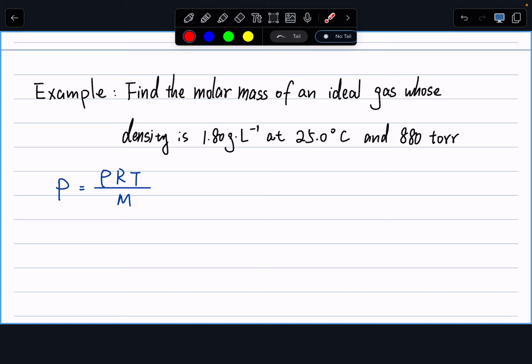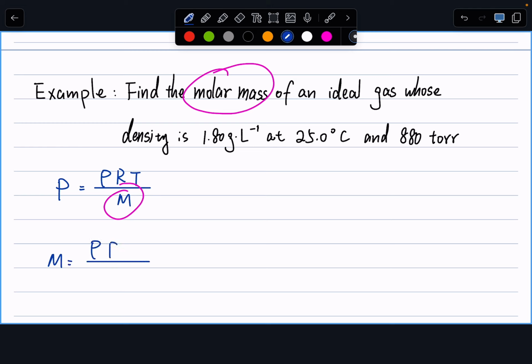In this case, what we want is the molecular mass. So we can rewrite this equation as the molecular mass equals density times RT over P.